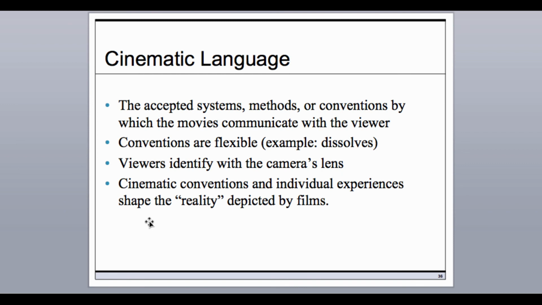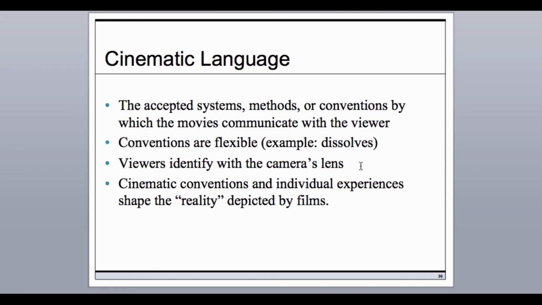So the cinematic language takes different systems, methods, and conventions that we must accept or see as real that communicate to the viewer. The conventions are flexible, and as you learn the terms, you'll use film terms to show that from one shot to another there might be a dissolve or a straight cut, but it's always something that we have learned and accept. And the viewers will identify with the camera lens.